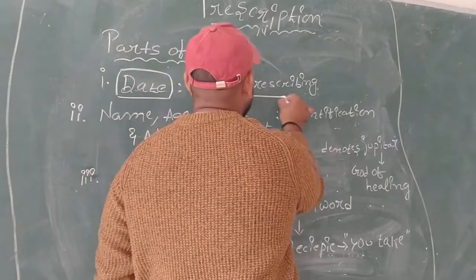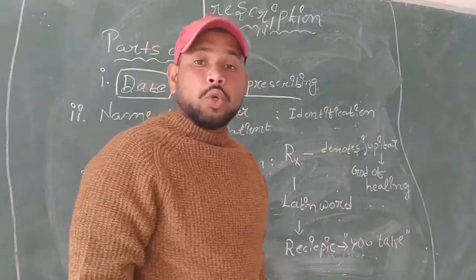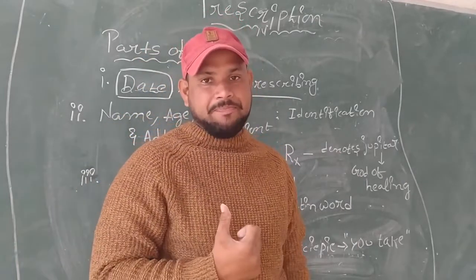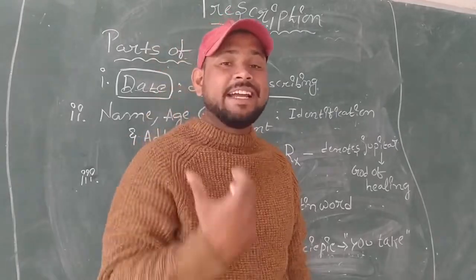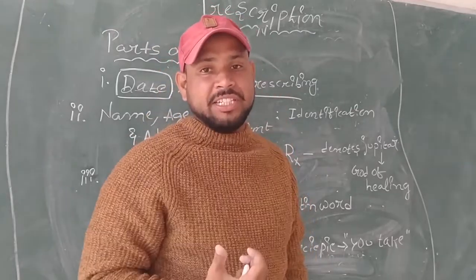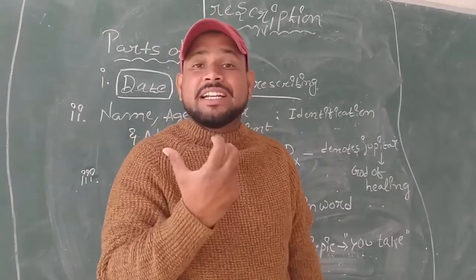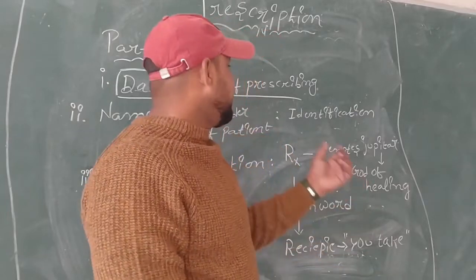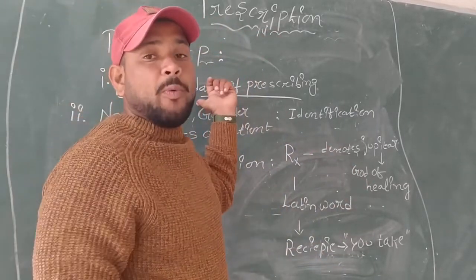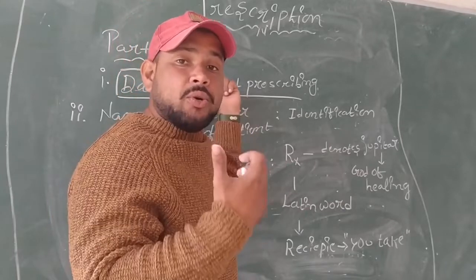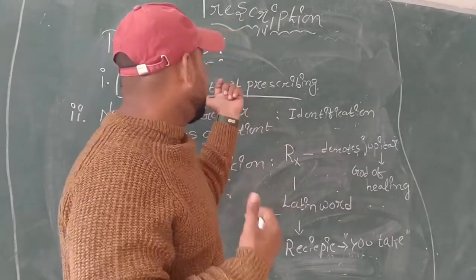The date is useful to know when the drugs have been dispensed to the patient, at what date the medicines were dispensed. It is very important to know when the patient has taken the medicine, and whether it has cured within the date or not. So that is about date.